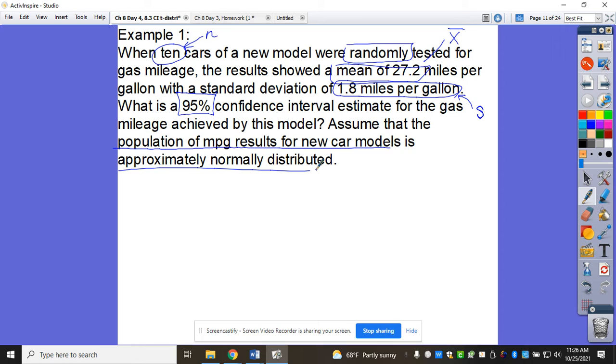Okay. All right, so state. Where do we start there?